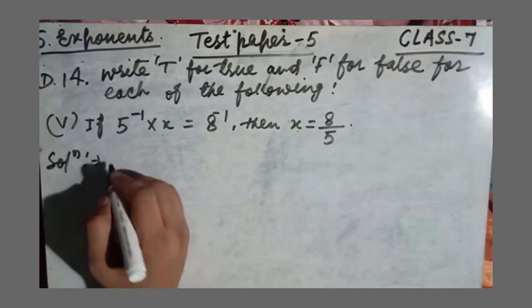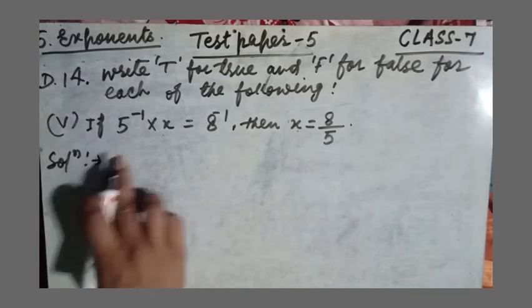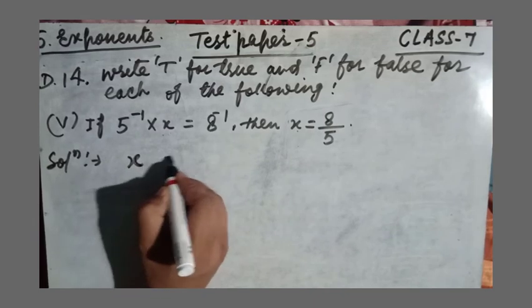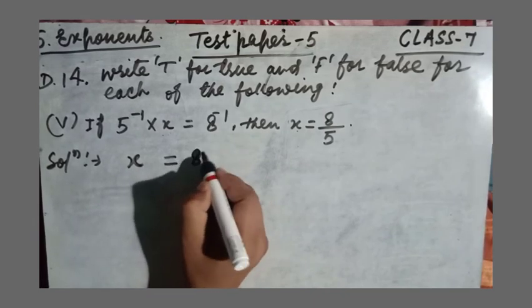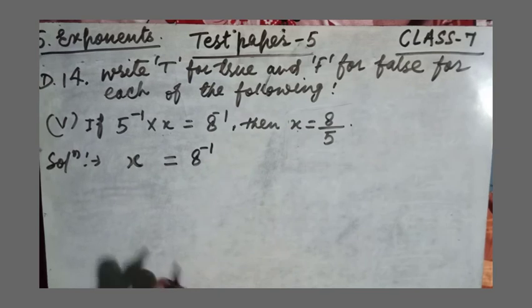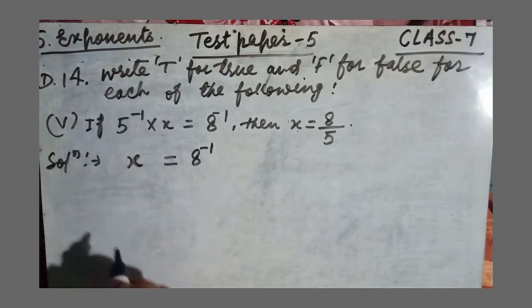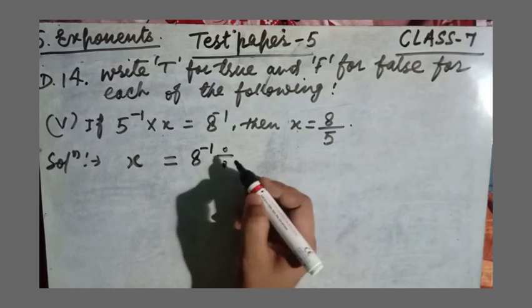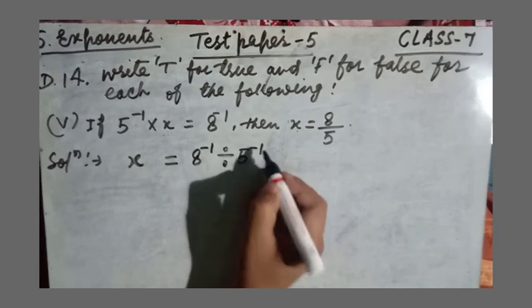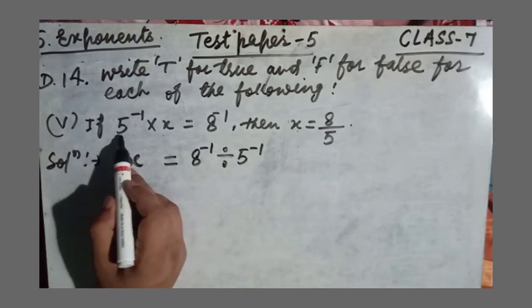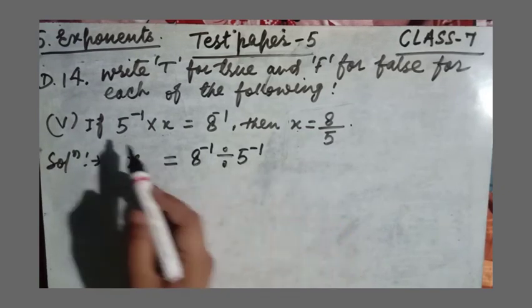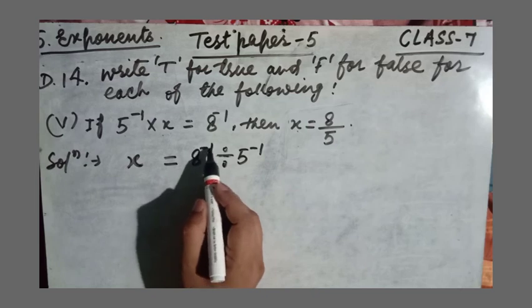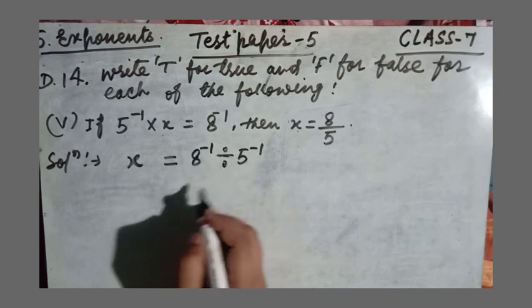Okay, now see, suppose we find the value of x. Write x as it is, equal to x raised to power minus 1, and 5 raised to the power minus 1 brings as a division, because here is the multiplication. If we bring it to the right hand side, it is divided: 8 raised to power minus 1 divided by 5 raised to power minus 1.